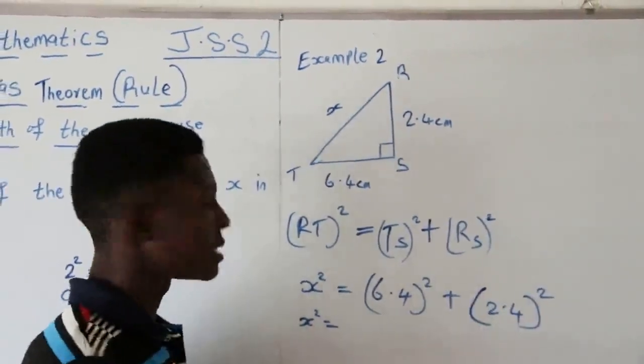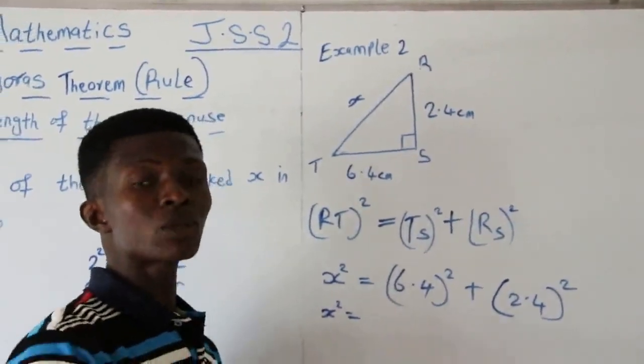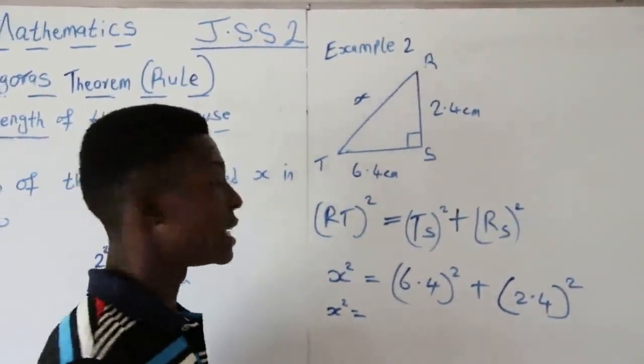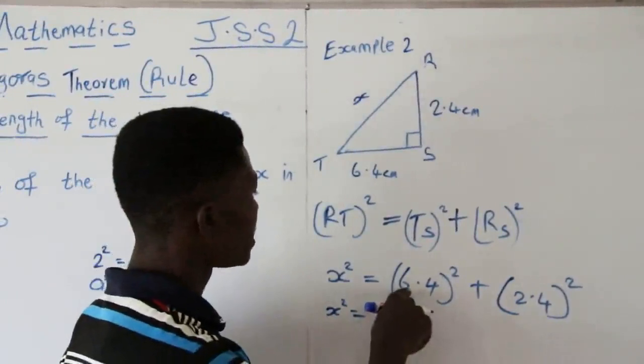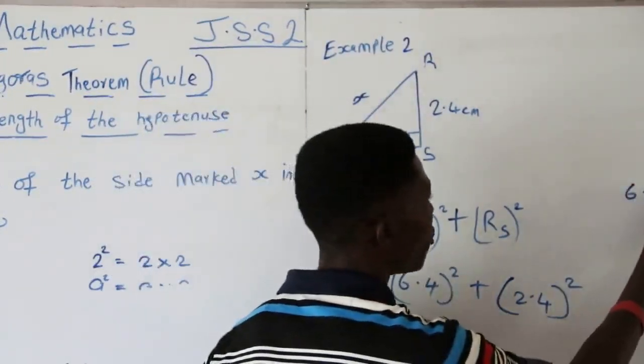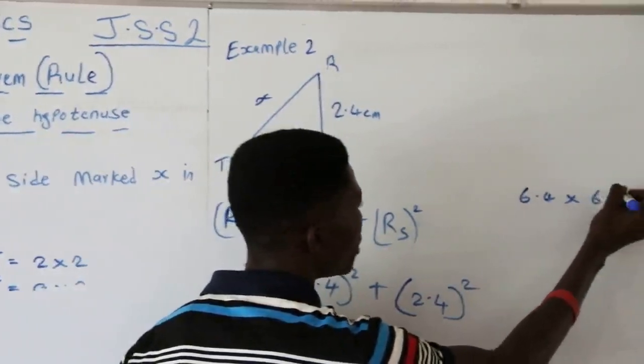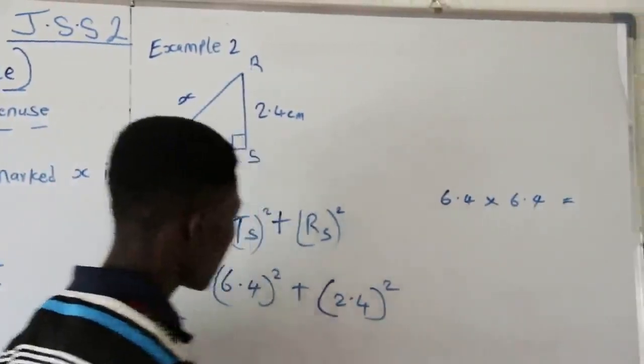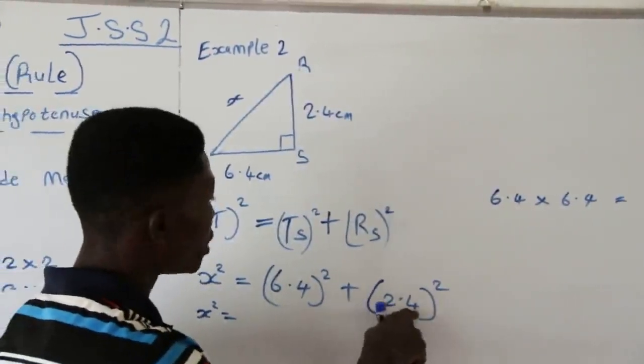And what does square mean? It means you're going to multiply that particular quantity by itself again. If you have 6.4 square, it means you are going to multiply 6.4 times 6.4. Then for the second one, we have 2.4 square.